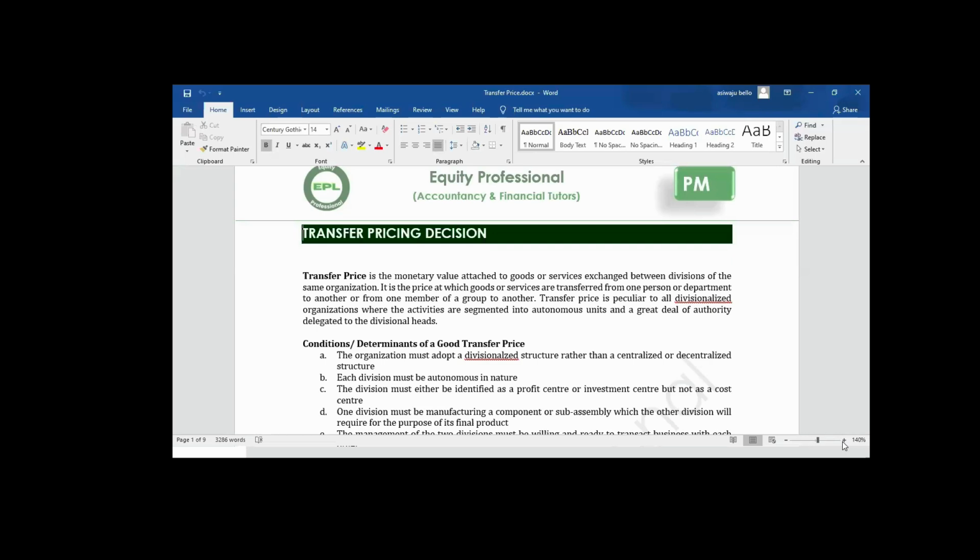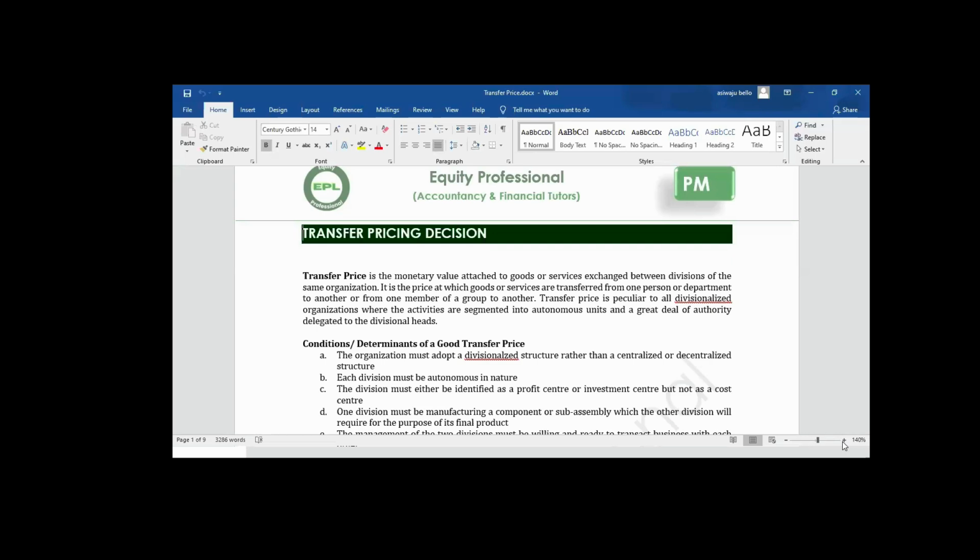Point number two, transfer will affect the profits of the individual divisions. But internal transfer will not affect the profit of the company as a whole. Please, this point should be noted.